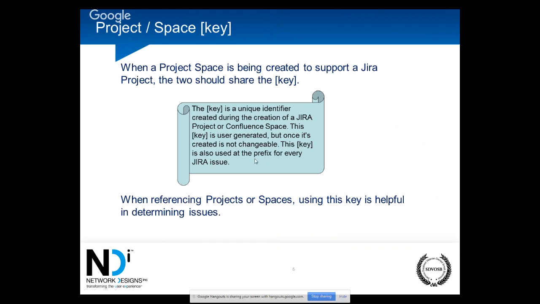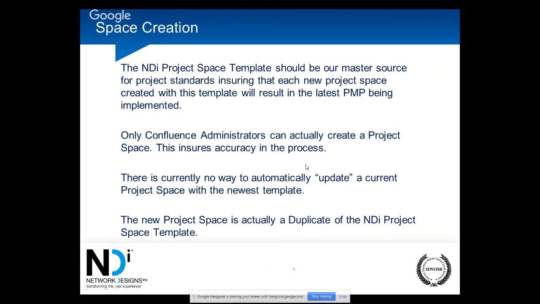Okay, actually, before I get to that, I want to talk a little bit about the administration of the project itself. I wish I had a slide for it. But what happens is, when we create the Jira component of the project, which is the ticketing component, we create a key.